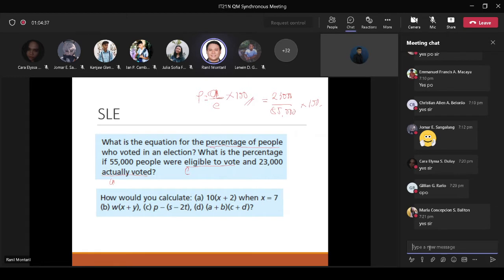Then we write the equation, 'di ba? Actually, pwede nga hindi mo muna i-represent. Pwedeng people, percentage of people is equal to actual people over eligible people. Tama ba? Or actual voted over eligible voted times 100%. Pwedeng ganun. Tapos saka mo siya lalagyan ng mga shorthand. No? Then after that, you substitute the value of the given, 'di ba?